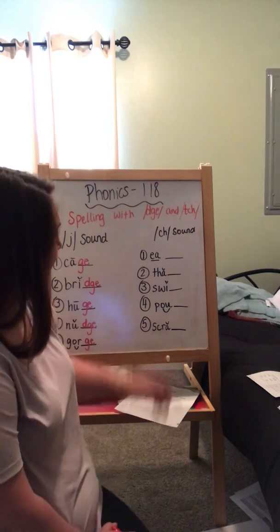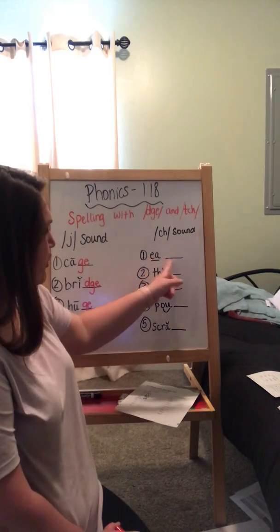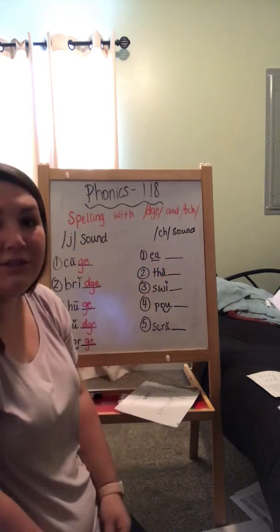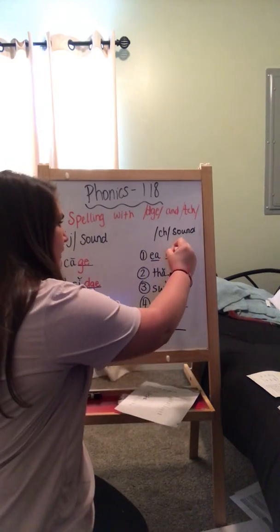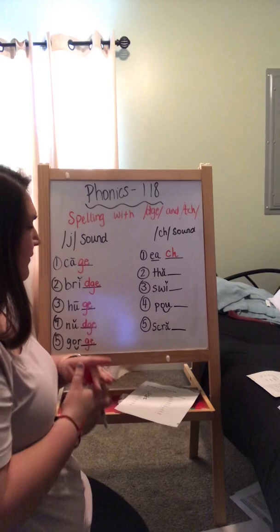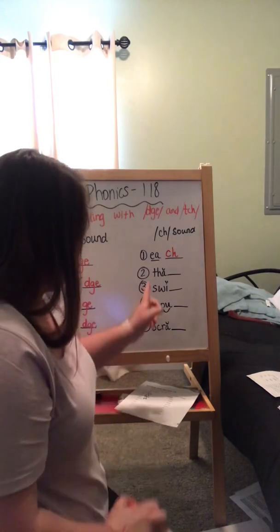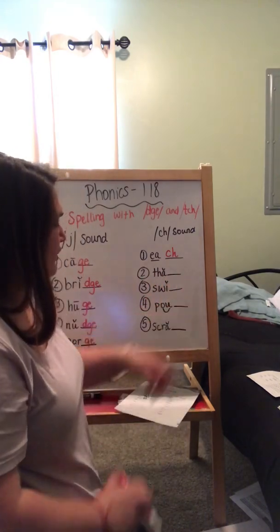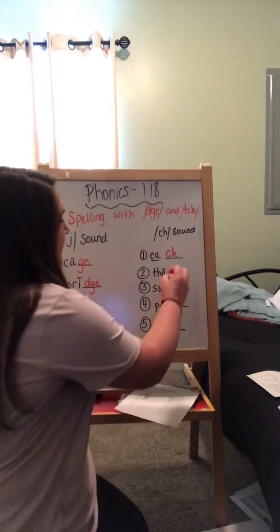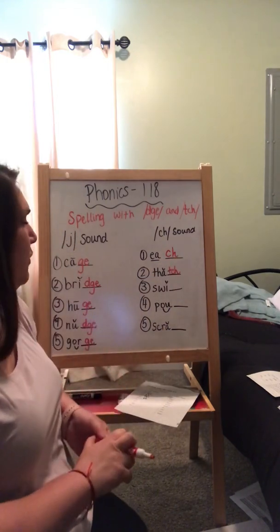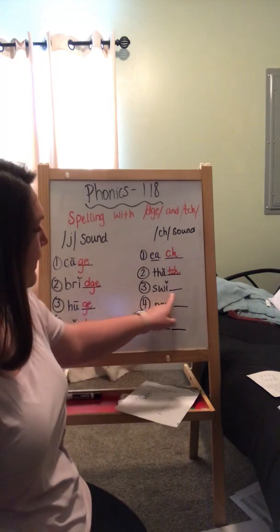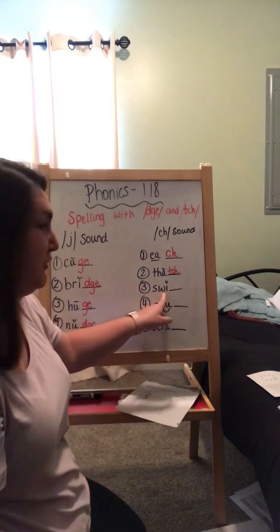So here I have a vowel digraph, each, each. So I don't have a short vowel. I have to add my CH for the word each. All right. Thatch. Oh, I have a short vowel, so I can add TCH. Switch. I have a short vowel.